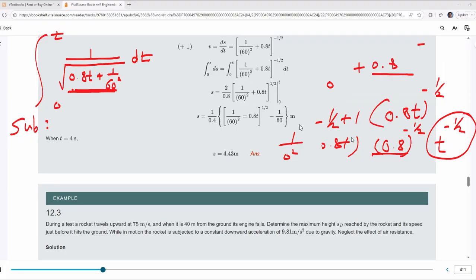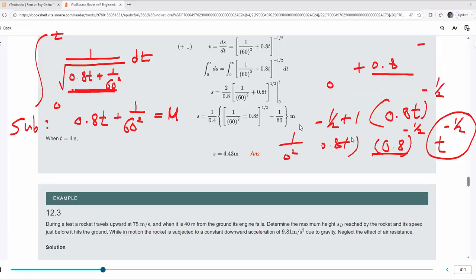0.8t plus 1 over 60 squared, say u variable. Okay. Once that is set, then we have to change the lower limit and upper limit accordingly.